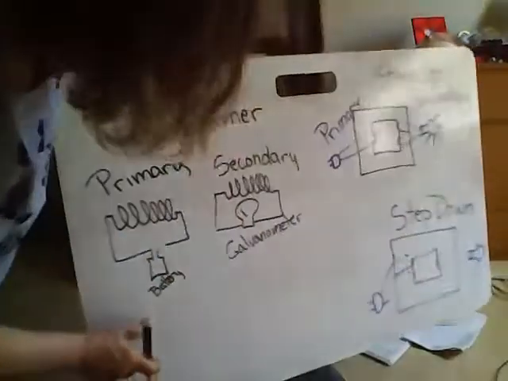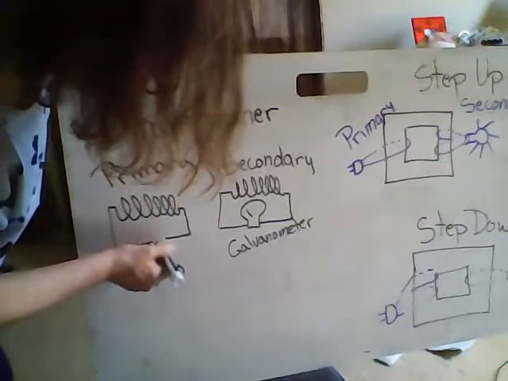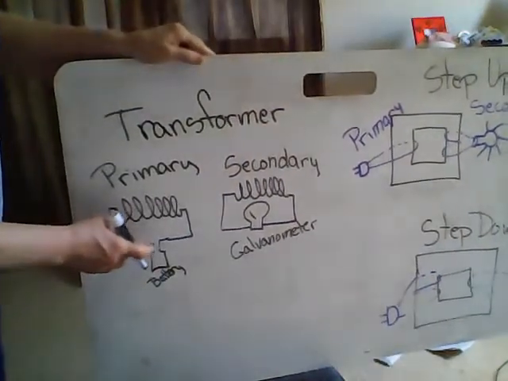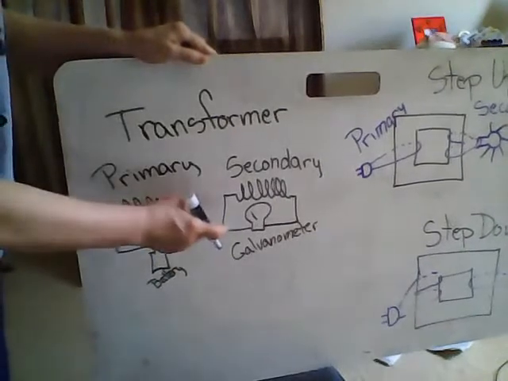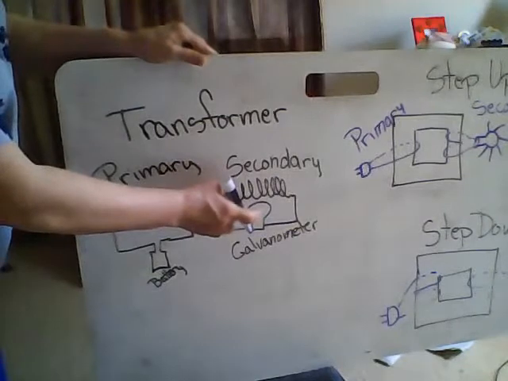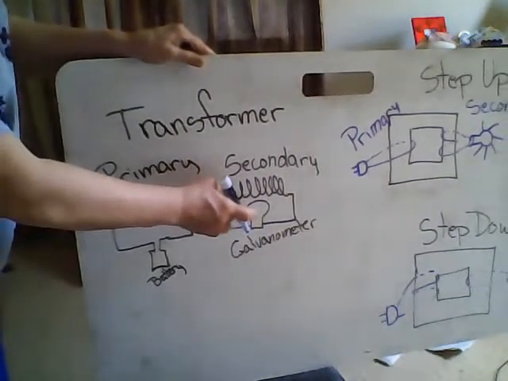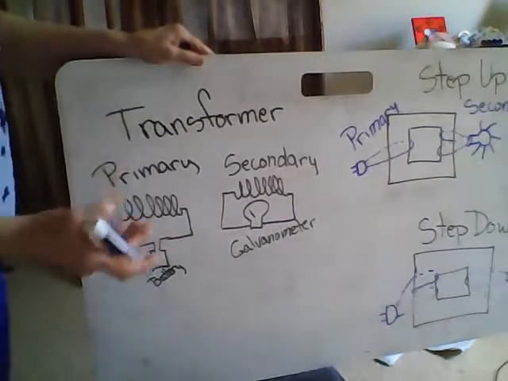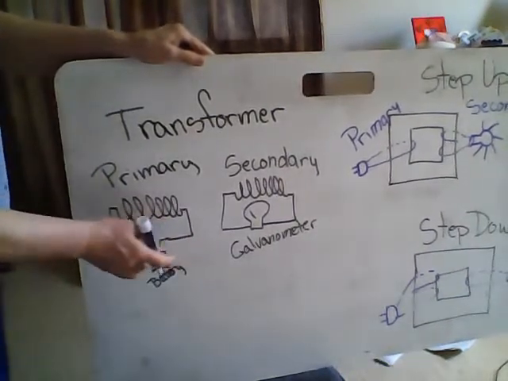So when we close this circuit, we get a current in this coil of wires, and that induces a voltage over here, but only when it's changing. So that's only when you flip the switch.